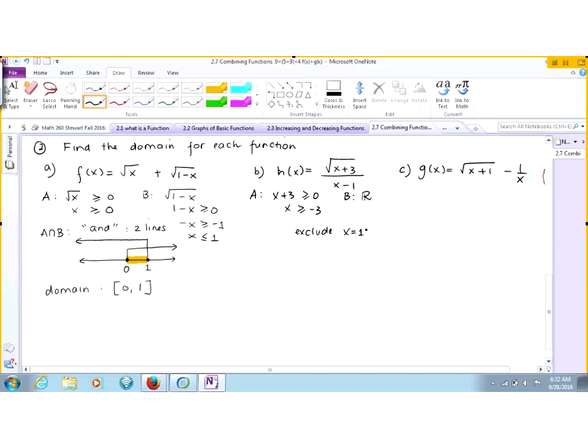Okay, so tell me how I would draw it. X is greater than or equal to negative 3. So negative 3 is closed and goes to the right. Okay, good. Now, I need all real numbers. So this is all real numbers. What is A intersection B?